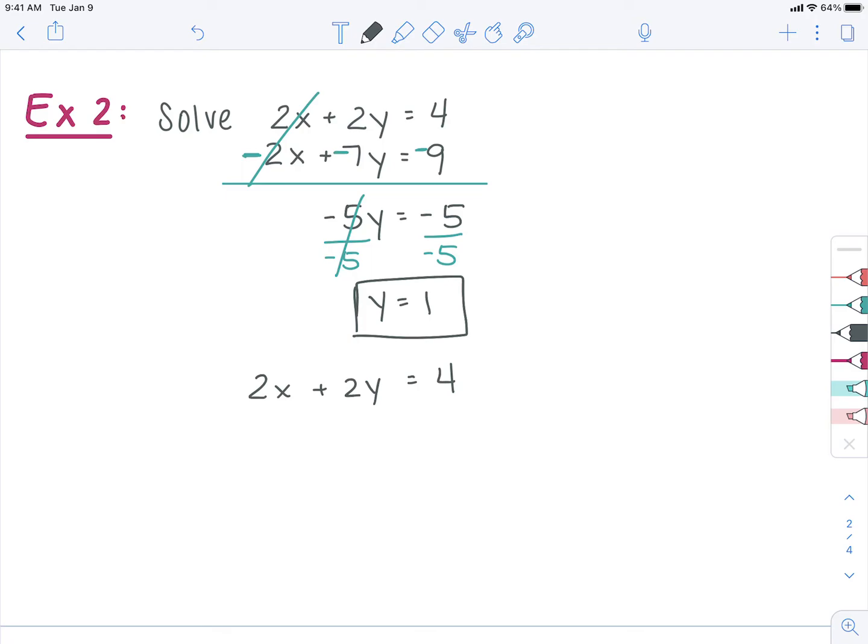Then I'm going to go in and my 2x plus 2, I'm going to replace my y with a 1. And I'm going to simplify so that I get 2x plus 2 times 1 is 2 equals 4. Subtract 2 on both sides.